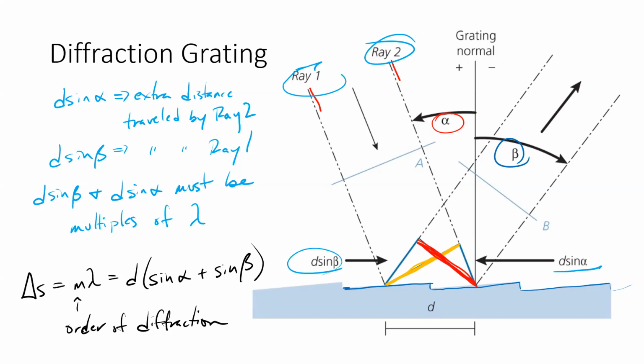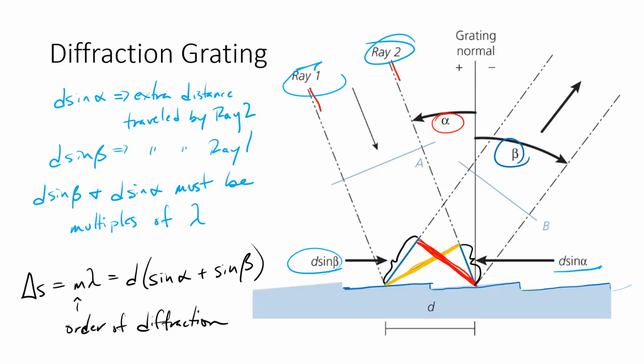All right. How do we feel about that? What does the red line mean again? So the orange line is where they stop being at exactly the same point. The red line is where they start being at exactly the same point again. It's after they're diffracted. So d sine alpha is this length, and d sine beta is this length.